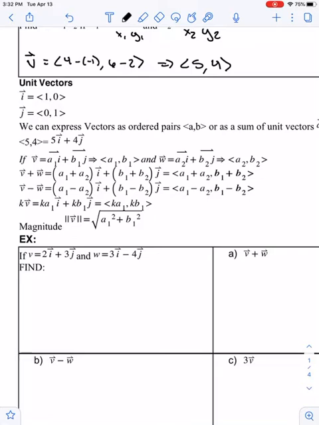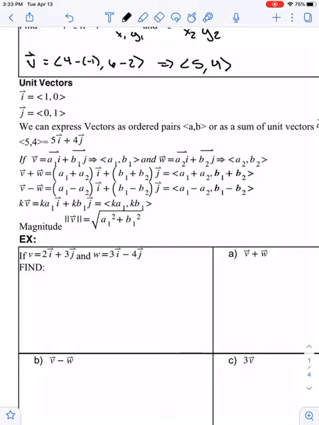When you're subtracting, again, you're subtracting your i's and then subtracting your j's. When you're given a scalar value, like 3 times the vector, you just distribute that 3 to each i and j in the vector. And then lastly, we will use this magnitude formula that we're given.